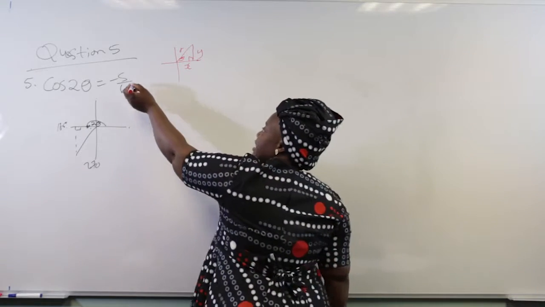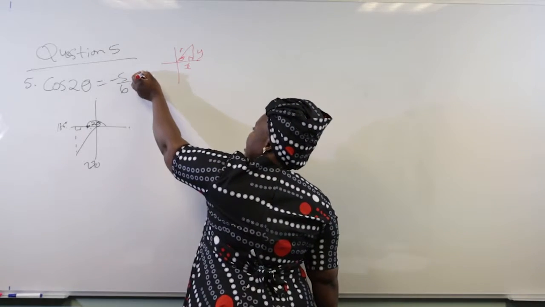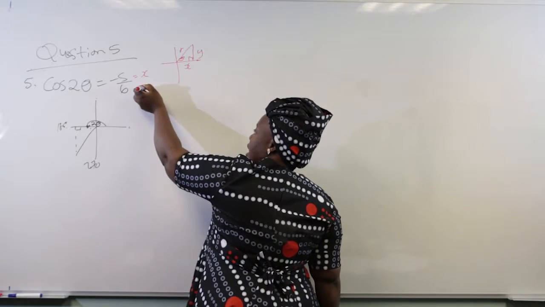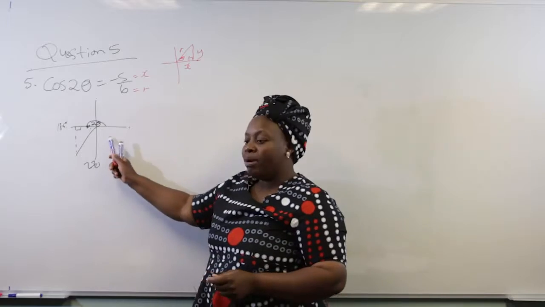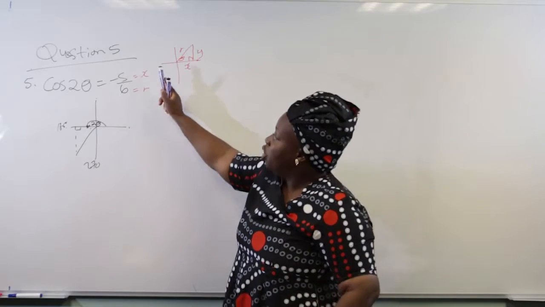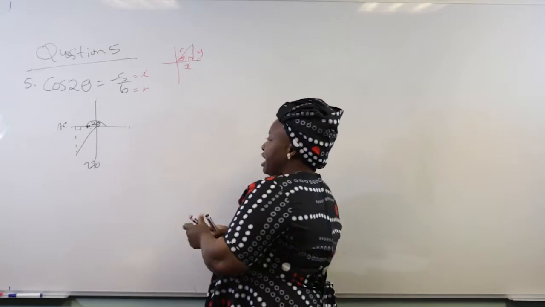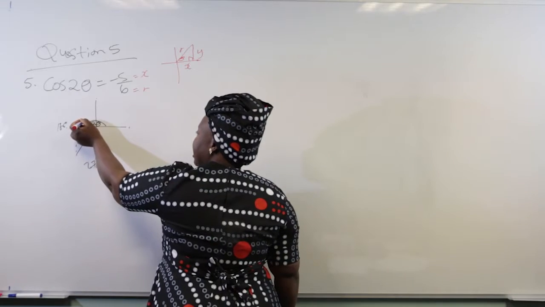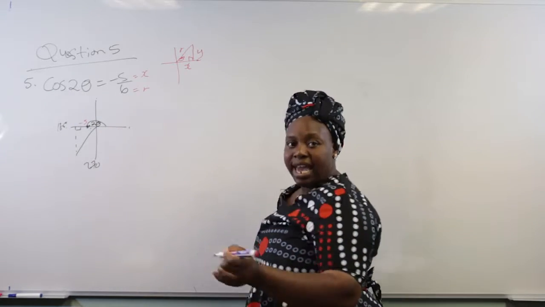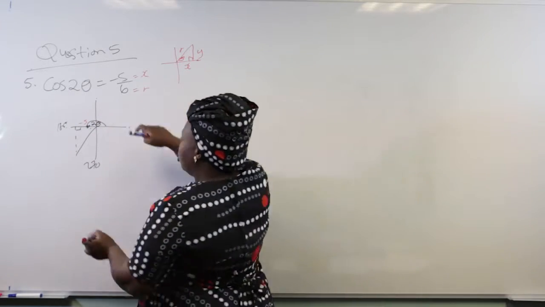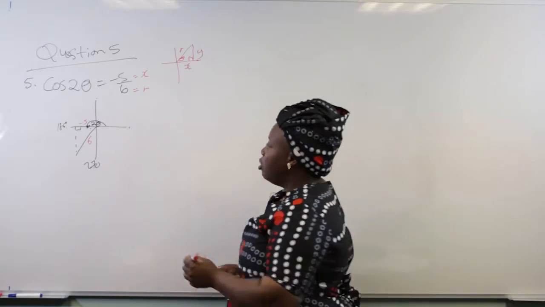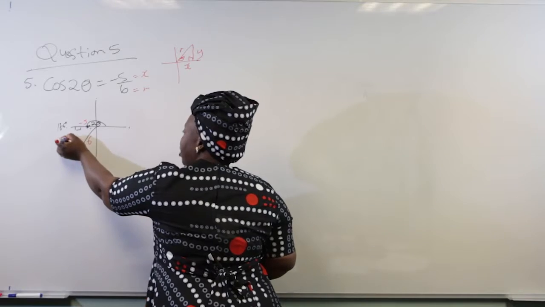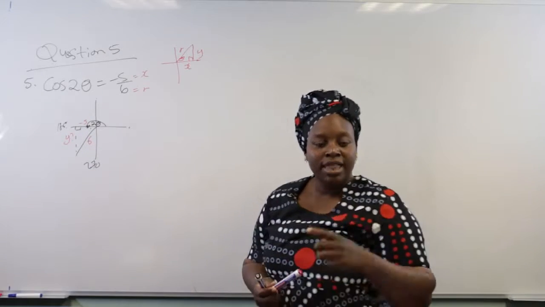That means that negative 5 represents your x, while 6 represents your r. So that's what you're going to do on the sketch. You must label them as such. Your negative 5 is going to be on the x-axis because it represents x, and your 6 is going to be the r, which is your hypotenuse. What are you looking for now? It is your y. Your y is now missing. You need to find the y.